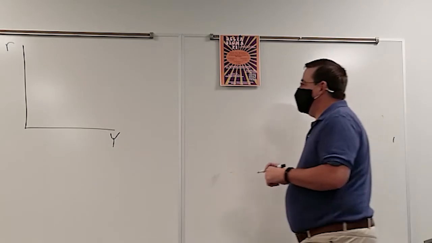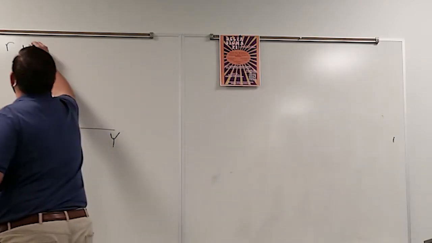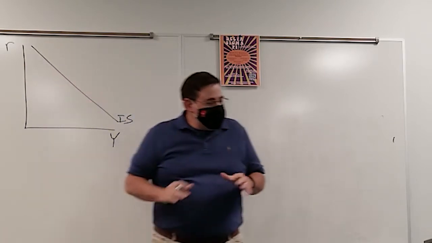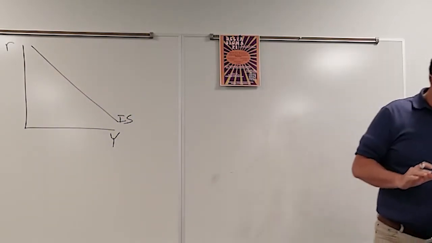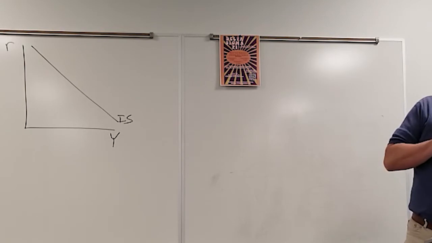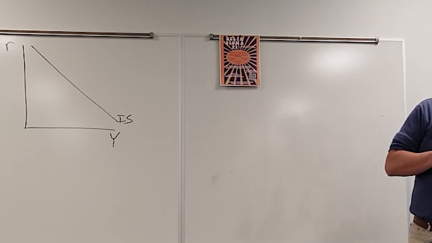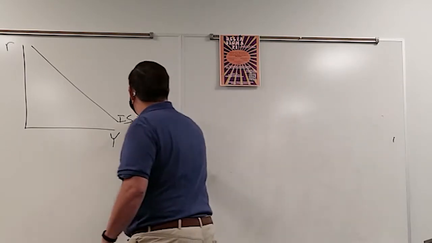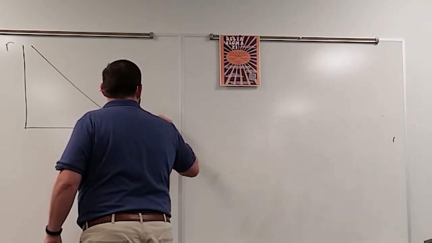So we have an IS curve, which is like a demand curve, but it's not really a demand curve. It's the representation of how we come to equilibrium in the goods and services market. So this is about goods primarily.